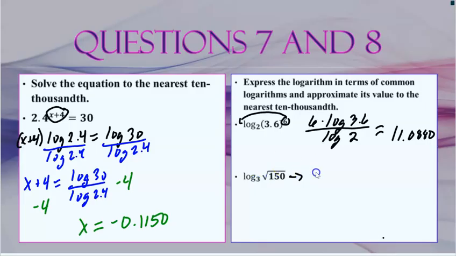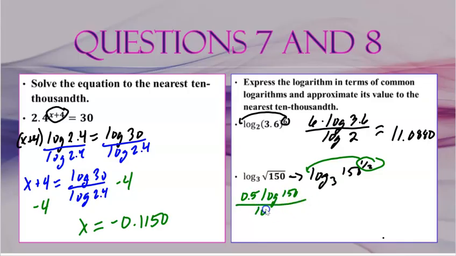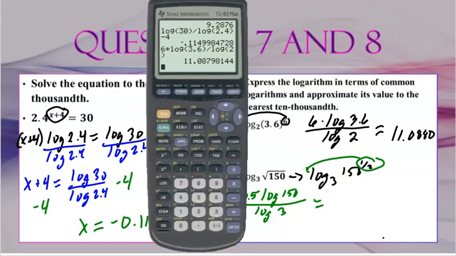So this is really saying the log base 3 of 150 to the 1/2 power. Now if I do the same thing as what I just did above, I'm going to put this out in front. But instead of putting the fraction half, I'm going to use 0.5. And this will be log of 150 divided by the log of 3. Put this in our calculator.